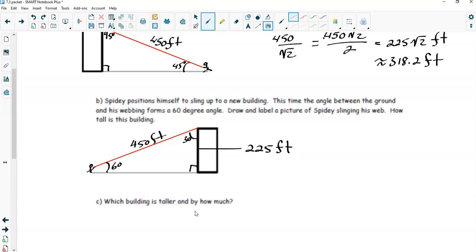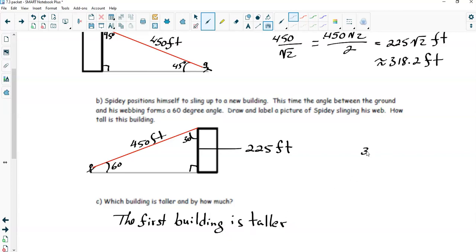Then which building is taller and by how much? Well, the first building was taller. And if you want to find out by how much, find the difference.